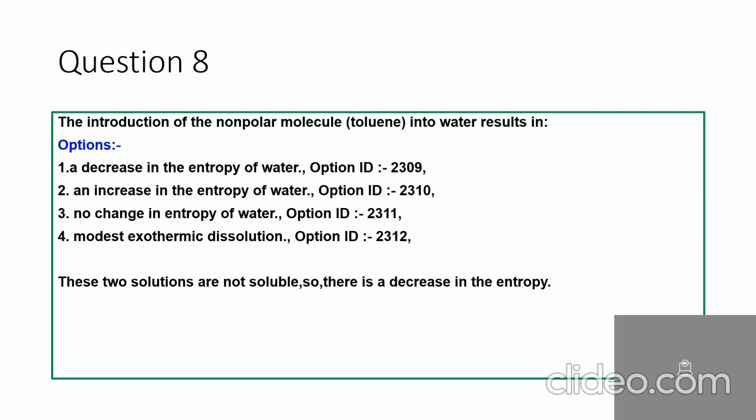When it is not forming any solubility in the water, obviously there is a decrease in the entropy. If it were forming solubility in the water, then there would be an increase in the entropy of the water. So the option is a decrease in the entropy of the water.